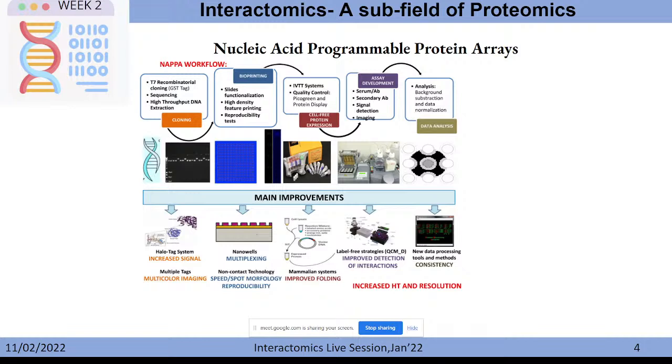Then after the protein is expressed, you will develop the assay with serum antibody or secondary antibody, signal detection, and then you will finally do the imaging. So you can try to identify autoantibodies from the serum, or identify any protein interaction. You can also find out any PTMs, or post translation modifications.